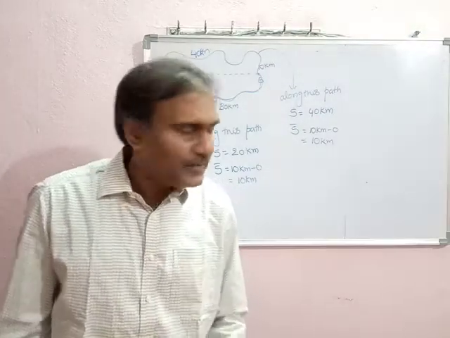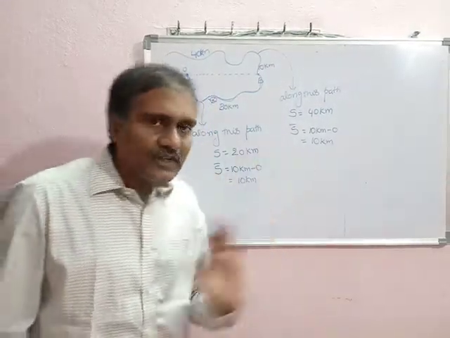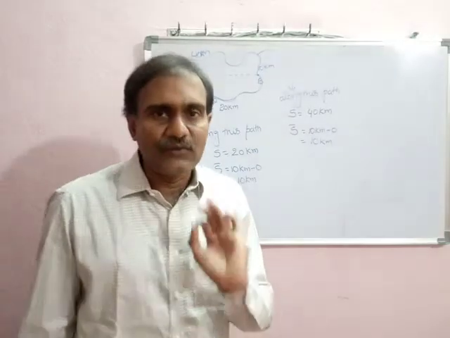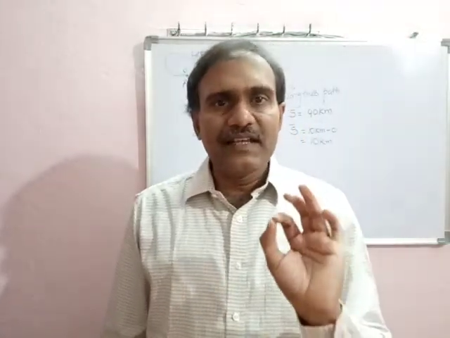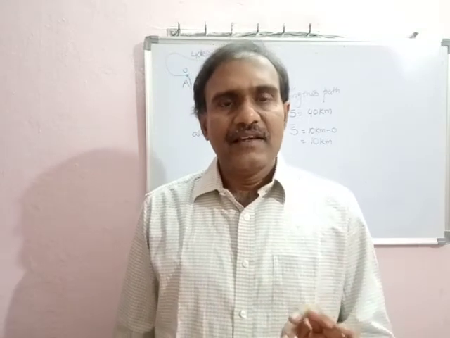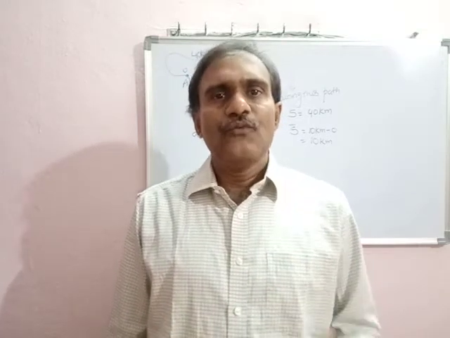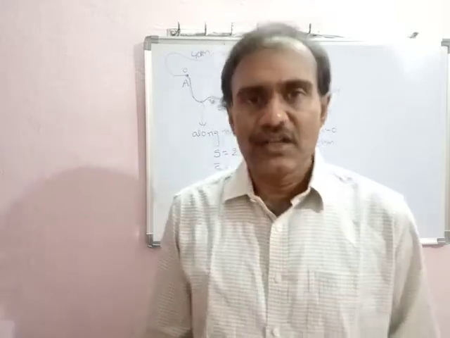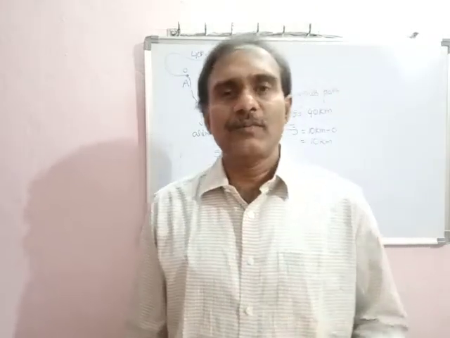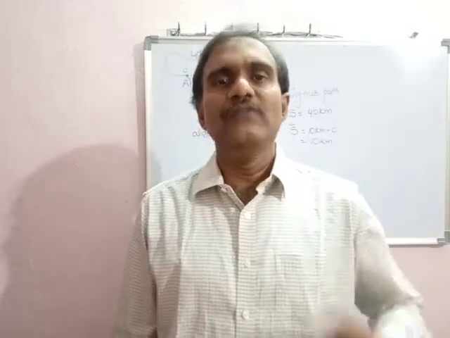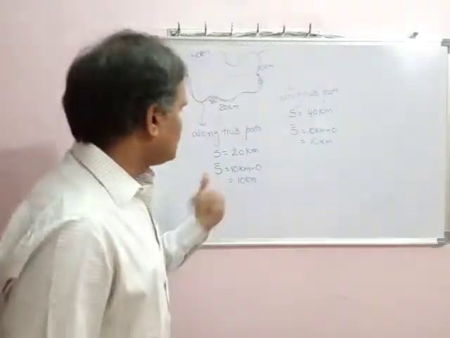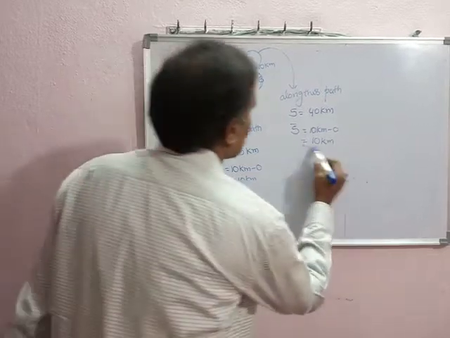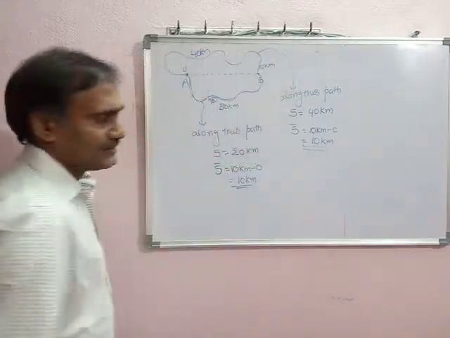Is the displacement 20 kilometers? No. That's why you must always remember the definition of displacement: it is the difference between the final position and the initial position. Therefore, the answer is 10 kilometers.